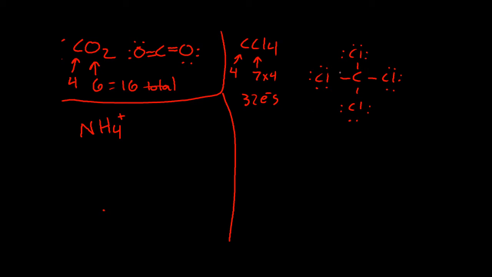The way we figure that out is we actually try to figure out, does it have an octet? Does it have its 8 electrons? And it does indeed. It has 2, 4, 6, 8. It has 4 bonds. Each of those have 2 electrons. And so that is an octet. Same thing here with the chlorines.